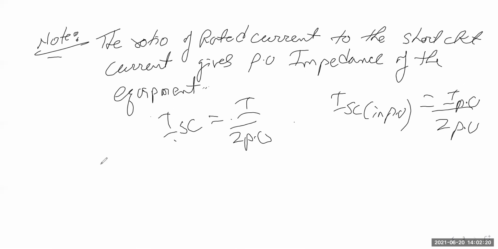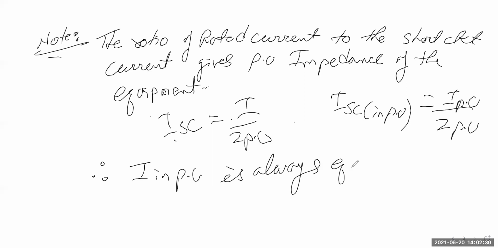Therefore, I in per unit is always equal to 1.